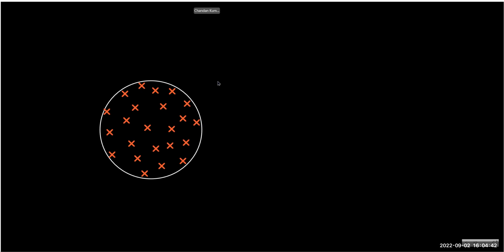So now a charged particle enters the field, and what is given to us is the radius of the region is A. Find the deviation.